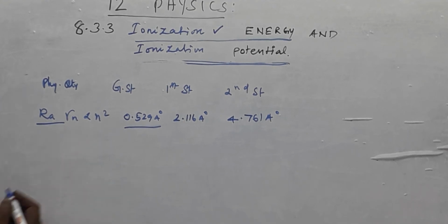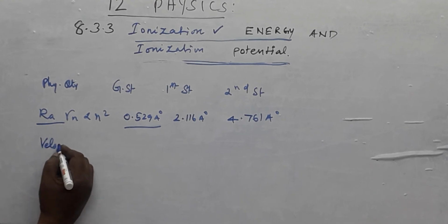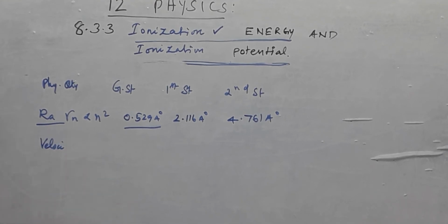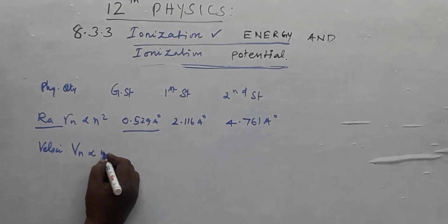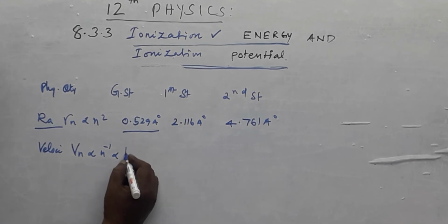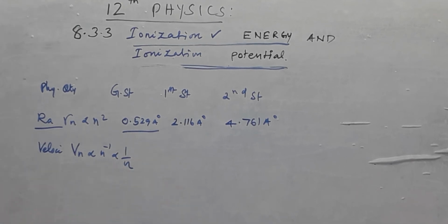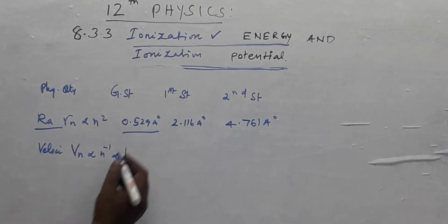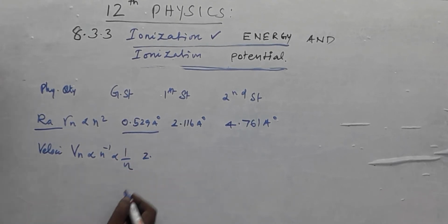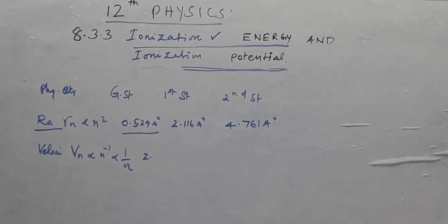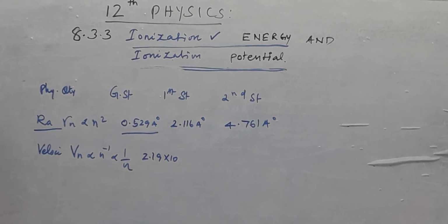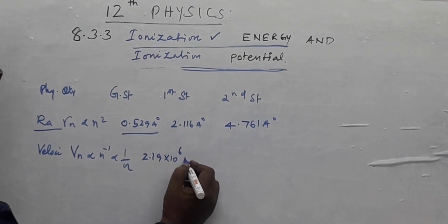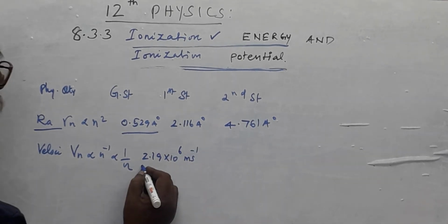Then another one, velocity, which is nothing but Vn proportional to n power minus 1, or 1 by n. This value is equal to 2.19 into 10 power 6 meter second power minus 1 in the ground state.